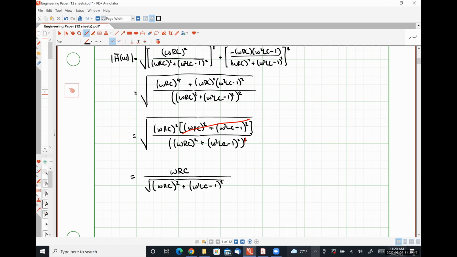Like so. If we were to evaluate this at 0, we would wind up having 0 over the square root of 1, which is 0.